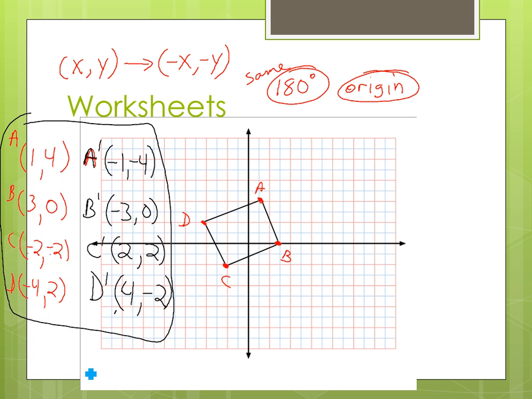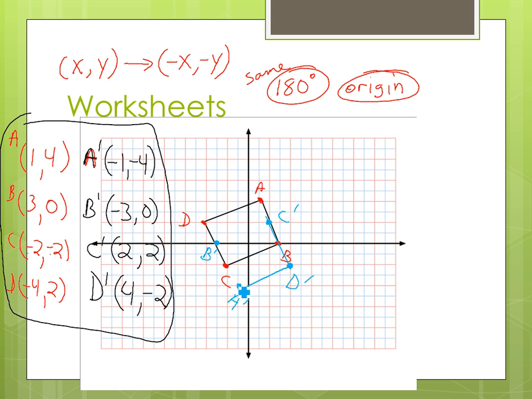I'm going to change my color again because my shape was already in black. Let's do it in blue. So -1, -4. It'll be somewhere about in there. That's A prime. B prime is -3, 0. Somewhere about in there. C prime is 2, 2. And D prime is 4, -2.